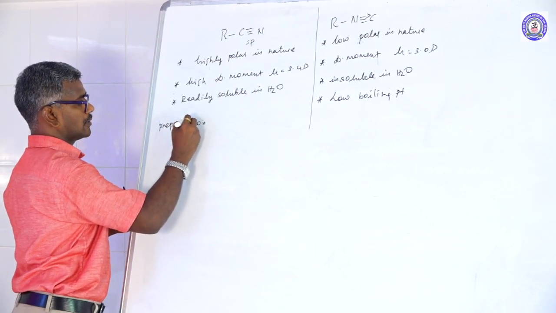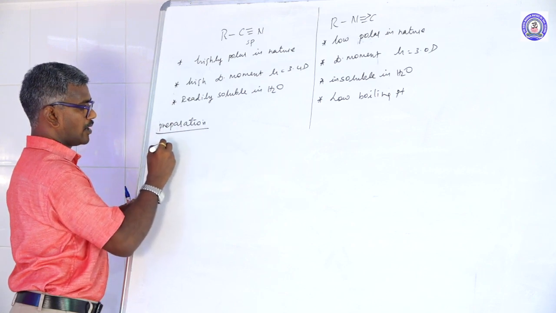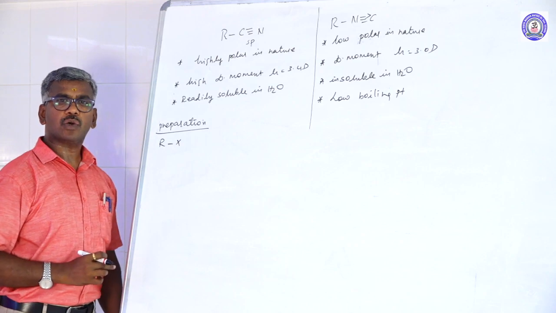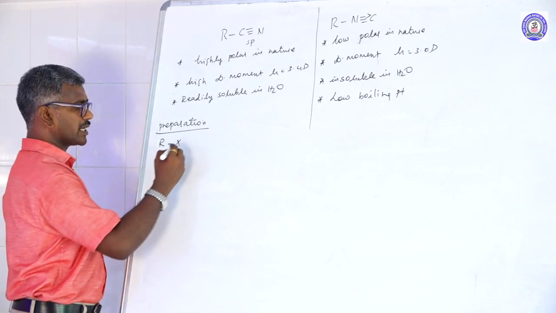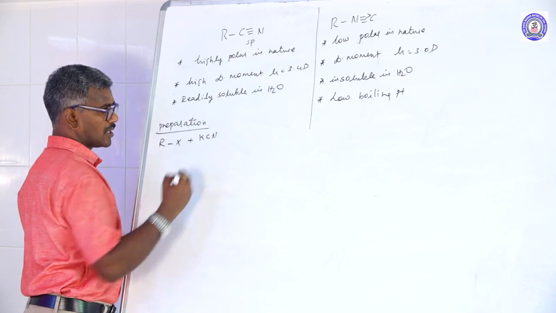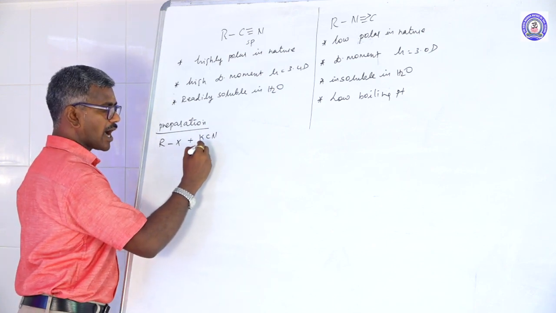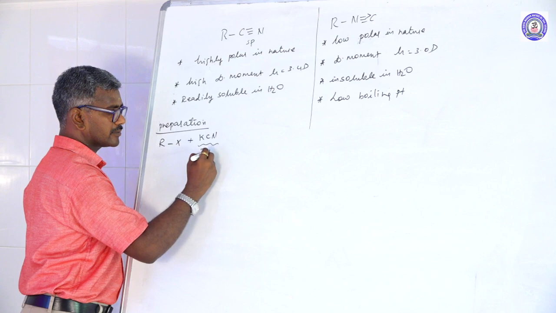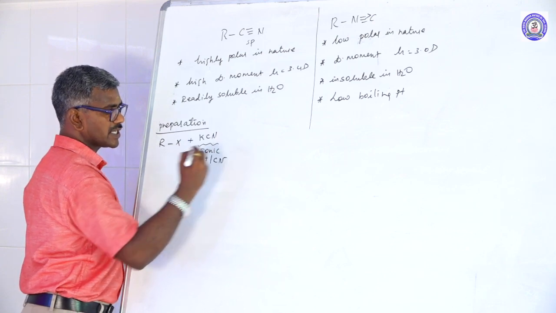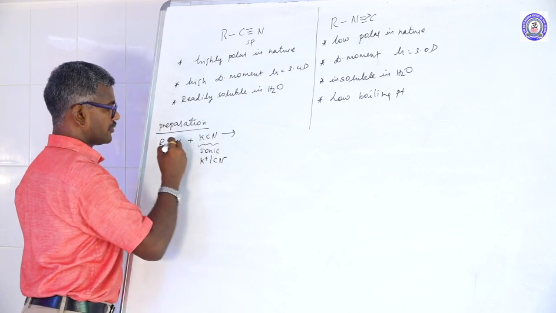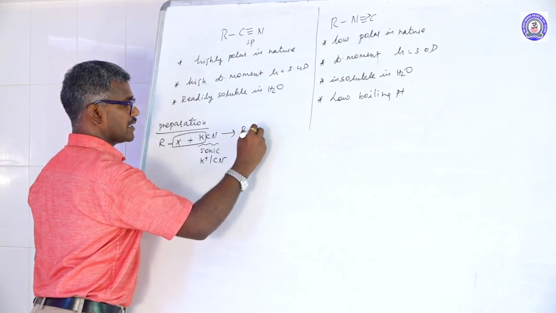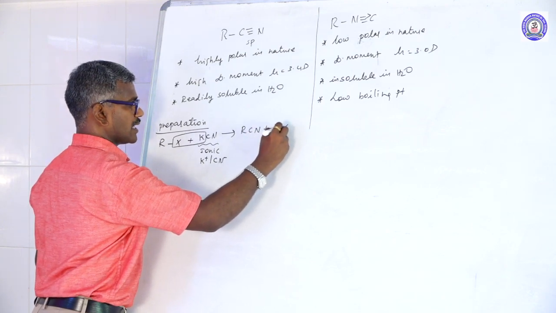R–X. Generally, alkyl halide undergoes a nucleophilic substitution reaction in the presence of KCN. KCN is ionic in nature. How does it split? K+ and CN−, forming R–CN plus KX.